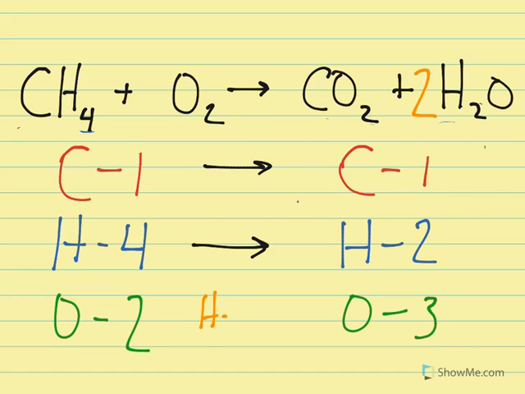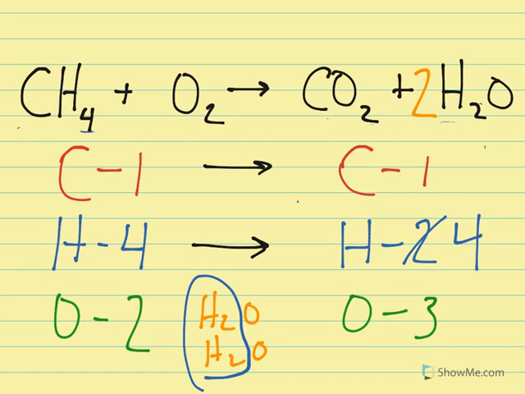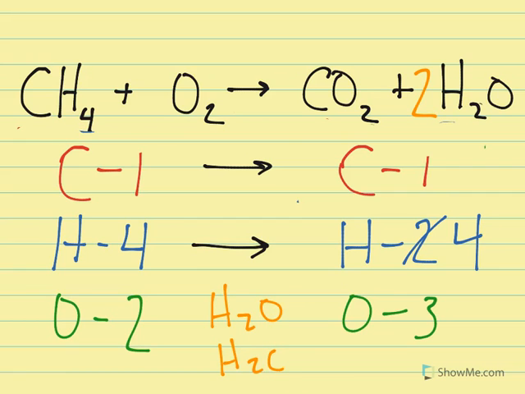And if you have 2 H2Os, that's a total of 4 hydrogens. So now our hydrogens are balanced. But by putting that coefficient of 2 in front of the water, since you now have 2 H2Os, you have 2 oxygens right here.